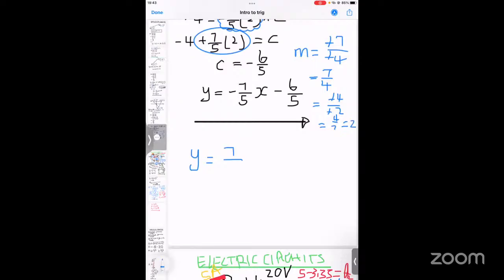But let me go to the right one and tell you what the final answer should be. Maybe this one, they've done it correctly. Yes, this one has done it correctly. So the answer should be 7 over 4 x. Someone did not write x there. They just say 7 over 4.